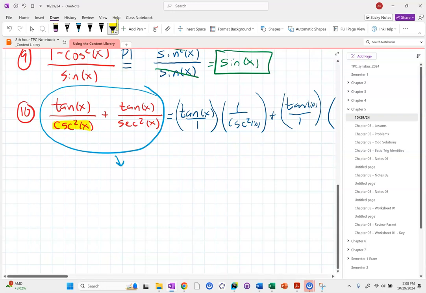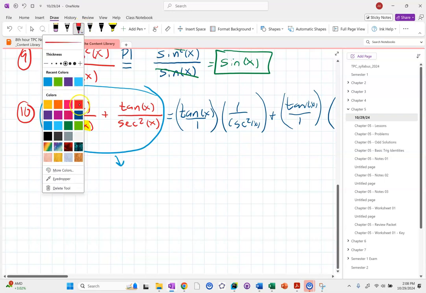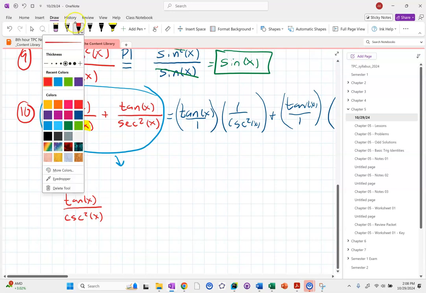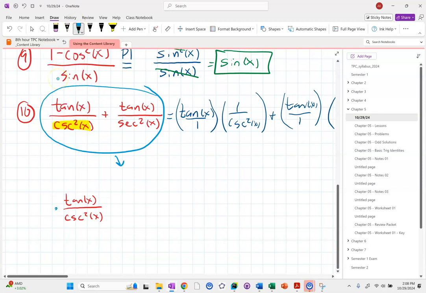So what can I multiply cosecant by to eliminate the cosecant squared in the bottom there? What can I multiply the top and bottom of this by? Look at your identity sheet and look at R4.